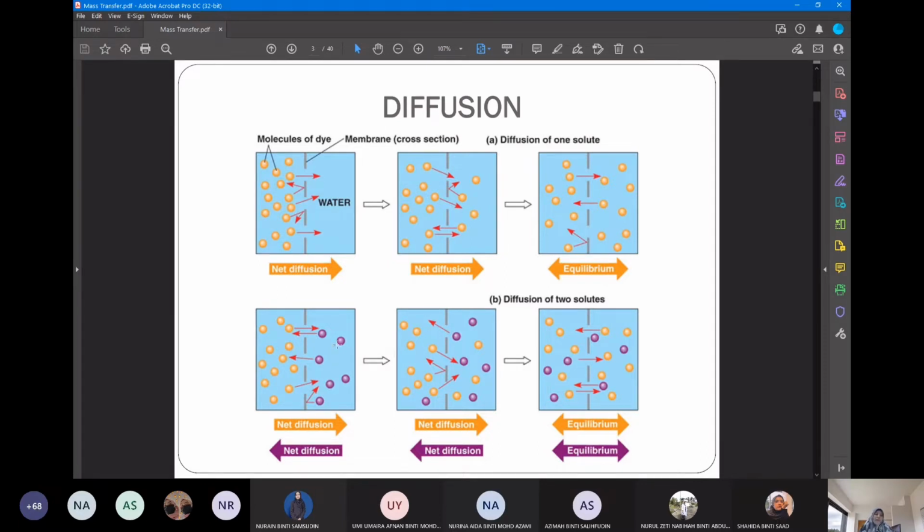So don't explain in one go for both components. Explain one by one. Go for the yellow until you finish explaining the yellow, then you explain the purple, until you explain everything. So that is when you're talking about more than one component or more than one molecule or matter.